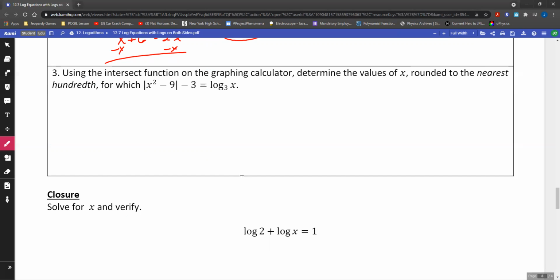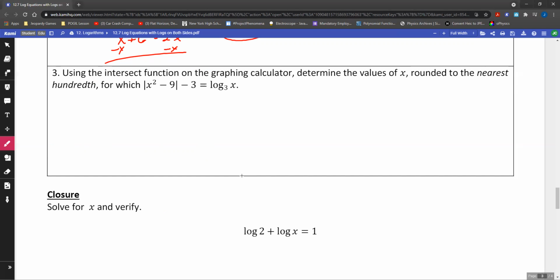And then the other equation will be log base 3 of x. Go to, calculator's going a little slow.